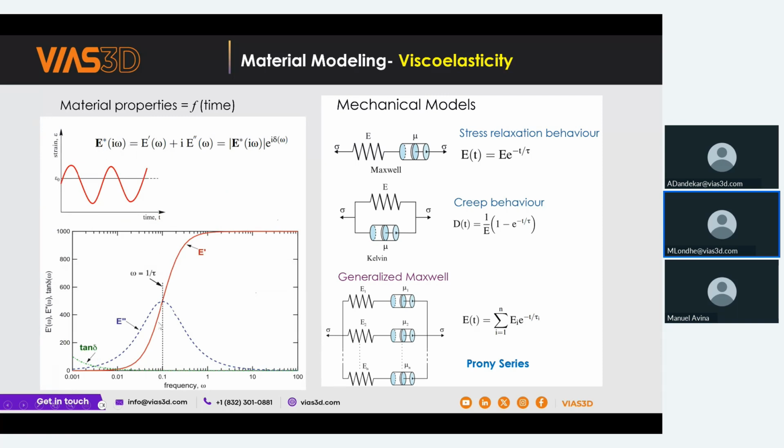The real part represents the storage part and the imaginary part represents the loss part of the viscoelastic material. The relation between the real and imaginary parts is represented by tan delta, which gives the damping coefficient of the given viscoelastic material.